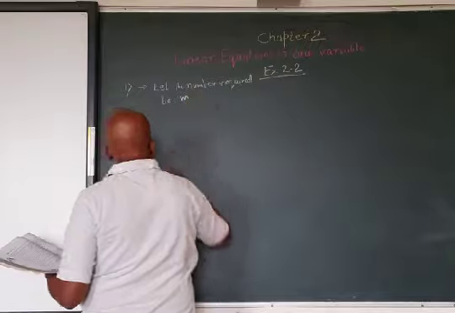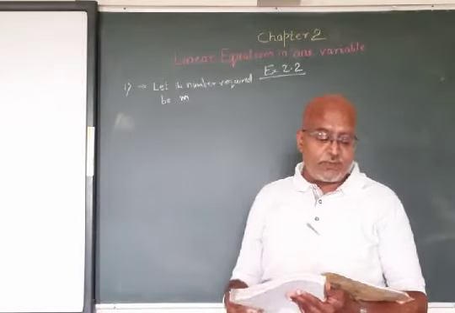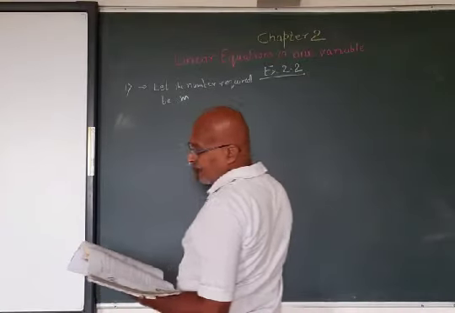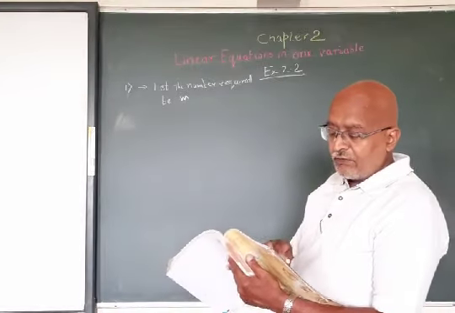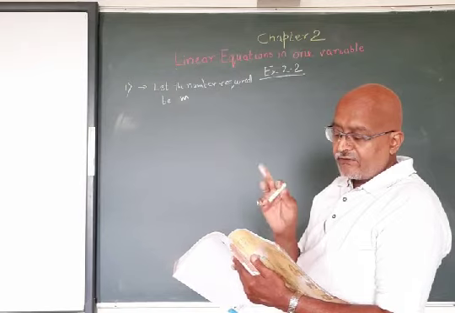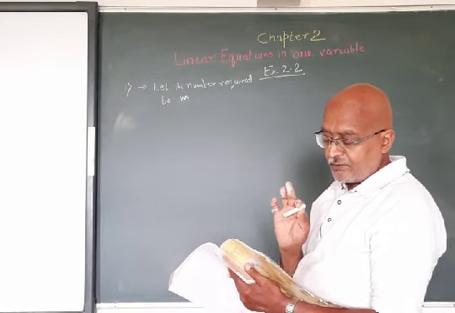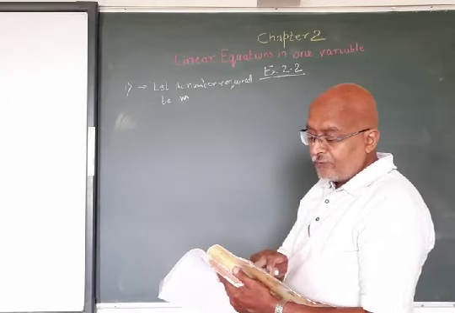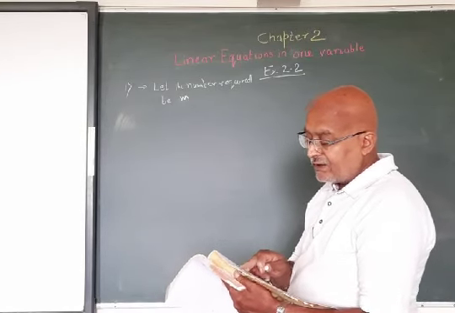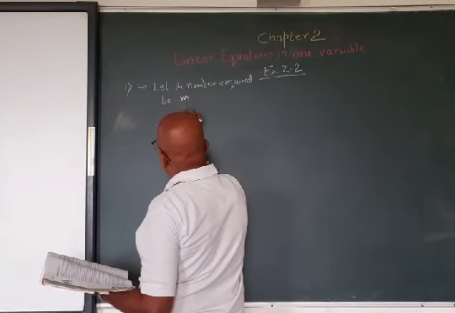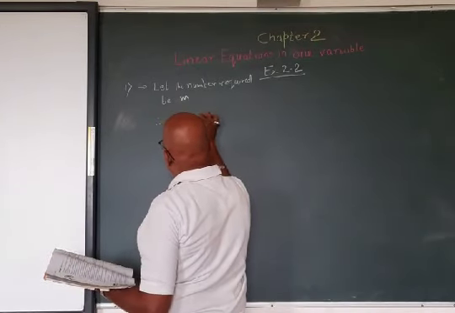So let the number required be m. So I have considered my variable as m. Now this variable will represent a number in this first problem. So if you subtract 1 by 2 from the number, and the number is m, therefore we have m minus 1 by 2.